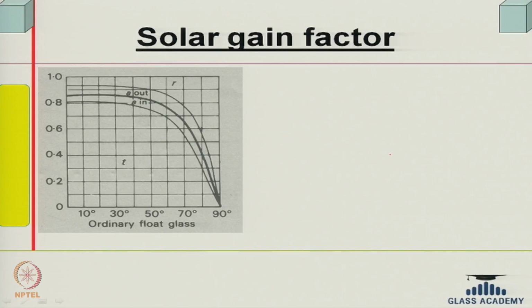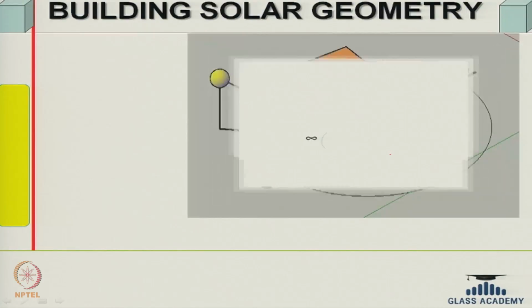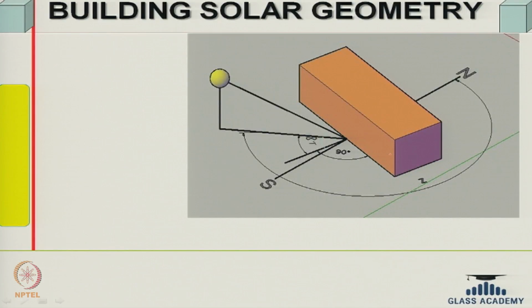Typically, you can have ordinary float glass, coated glass and so on. If you are looking for glass in an energy efficient building, look for these kinds of properties, and depending upon that you can choose the best glass that is available to you. All right. I have already talked about altitude angle, etc.